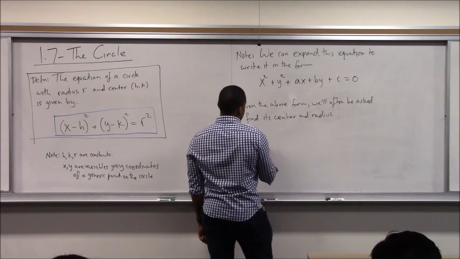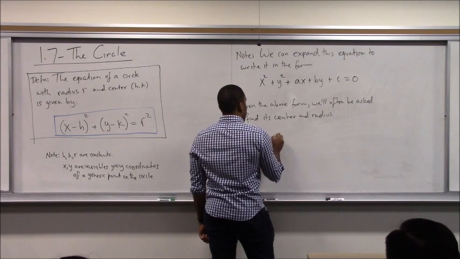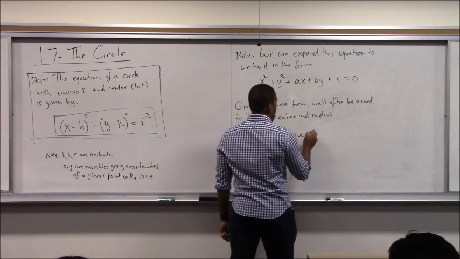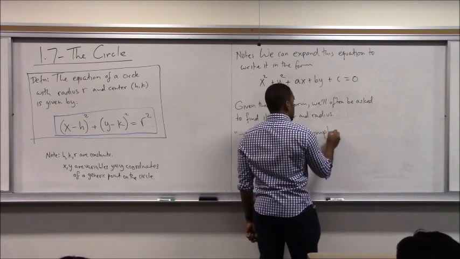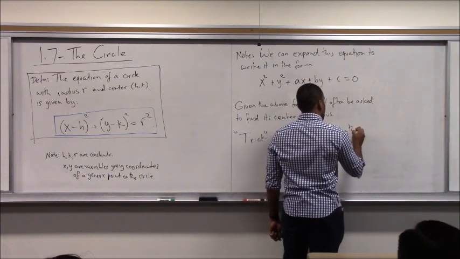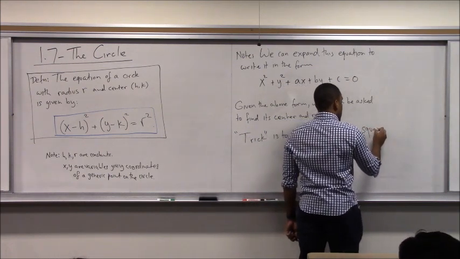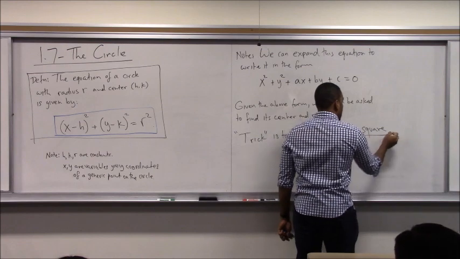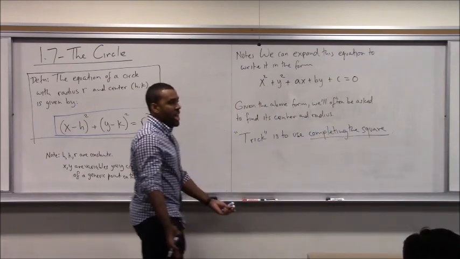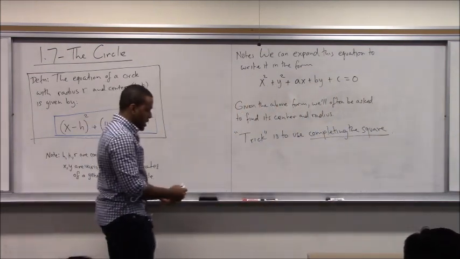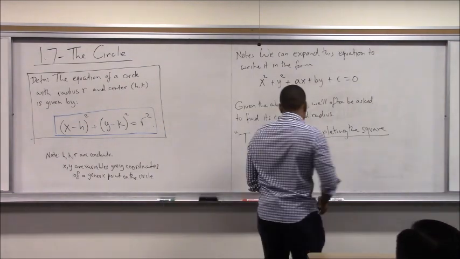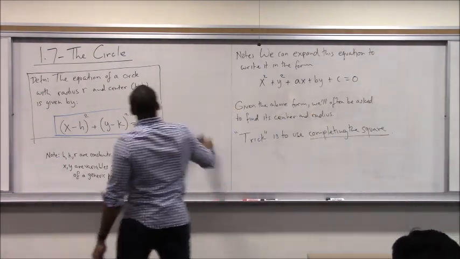The trick is to use completing the square. The reason why I reviewed completing the square when dealing with quadratics, even though no one ever uses completing the square for quadratics, is because I wanted you to remember how to do it for this section.